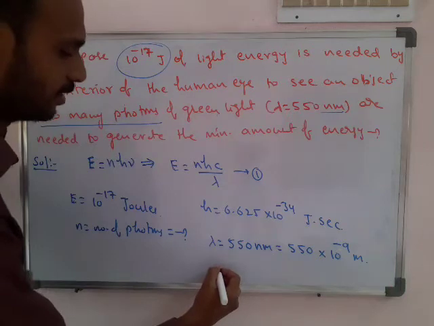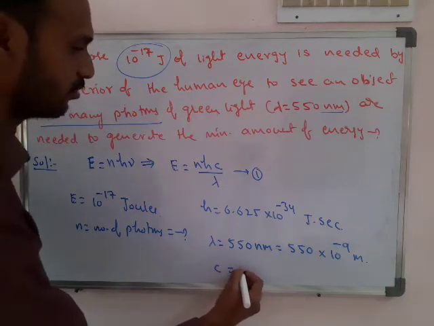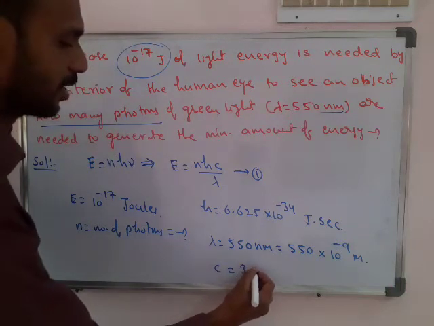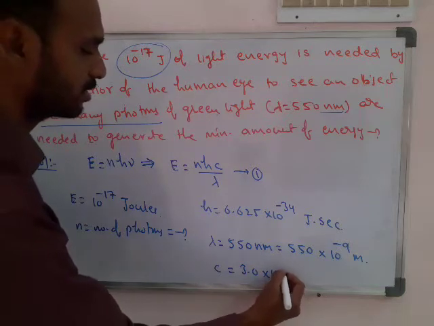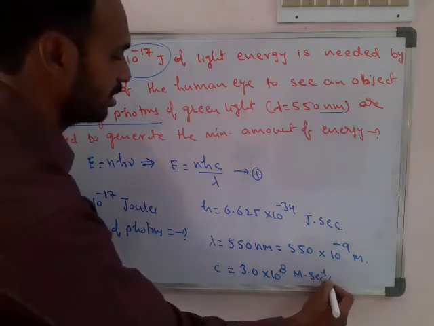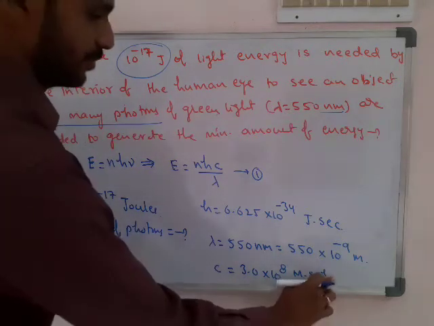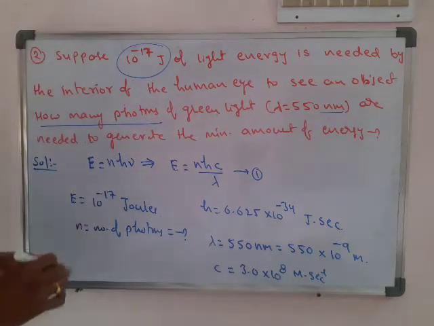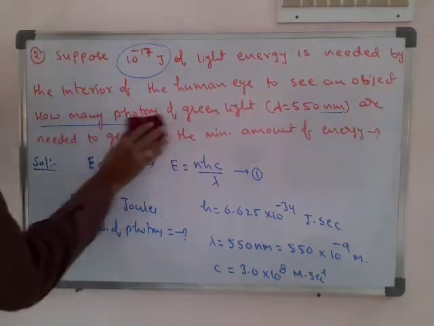What is c? Velocity of light, 3.0 into 10 power 8, that should be in meters per second. So substitute the values in equation 1.